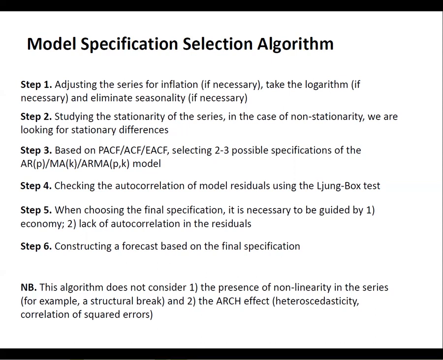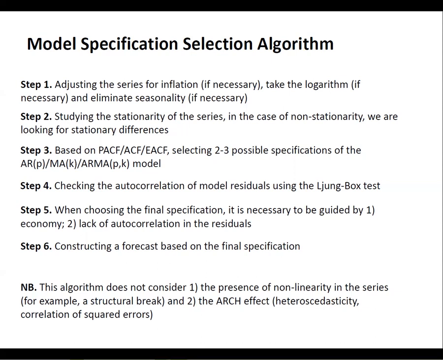That is, we must expertly decide which final specification of the model is best. And for this, we are guided by economy, that is the choice of a model with the smallest number of parameters. And secondly, the criterion of the absence of autocorrelation in the residuals. Here again, there is a choice that the researcher must make.